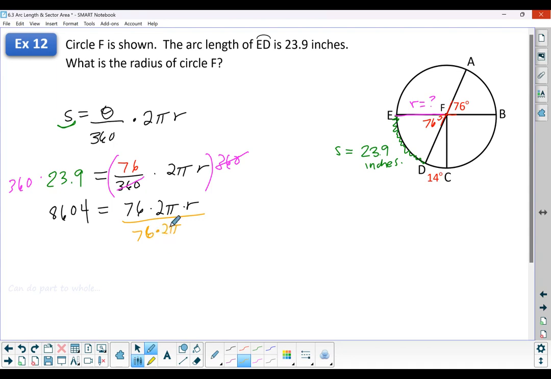Divide by 76 times 2 pi. Again, just be careful how you punch it in your calculator and use that fraction button to avoid errors. And when I did that calculation, I got that the radius is 18.02.